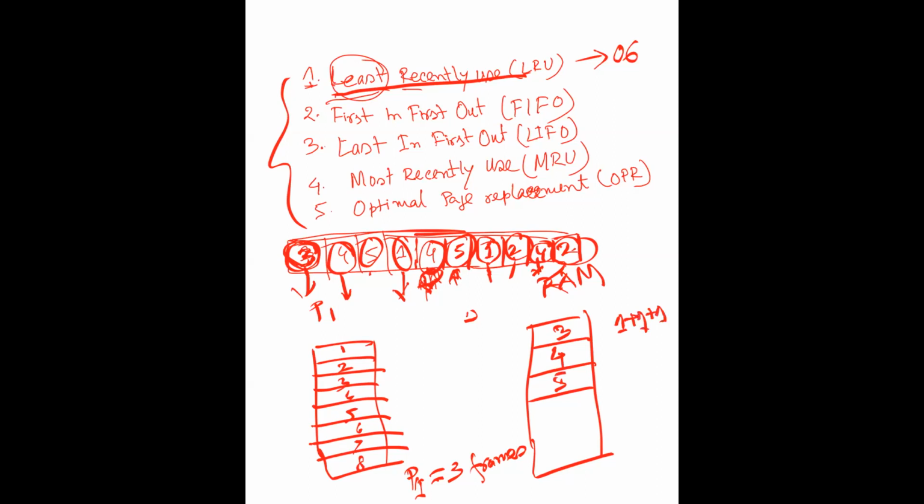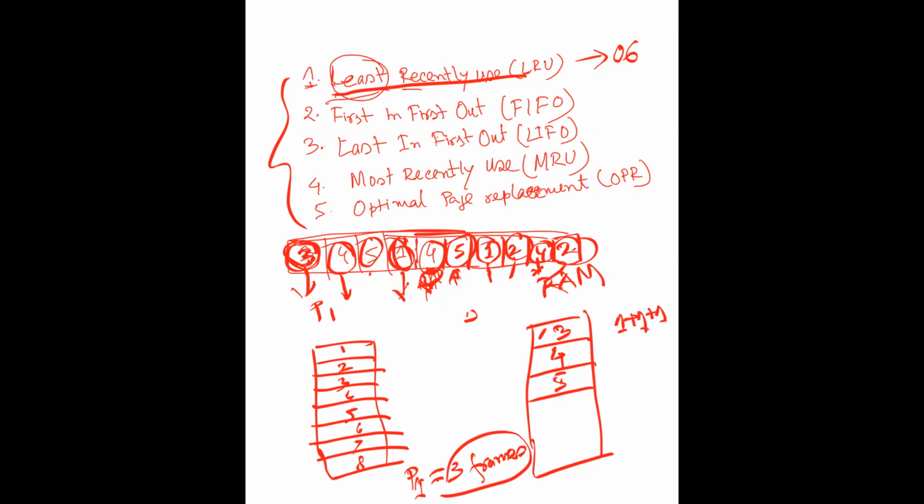Now it requests page 1. Page 1 is not available inside the RAM, but 3 frames are already allocated, so we need to replace a page. Which page will be replaced? The page that comes first inside the memory or RAM.